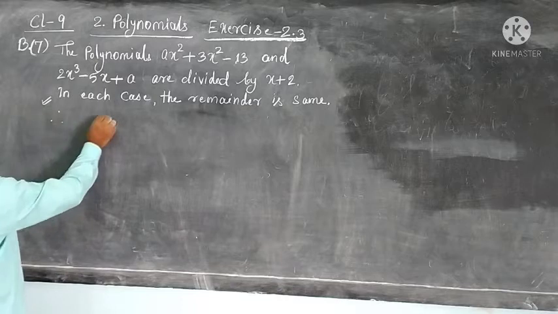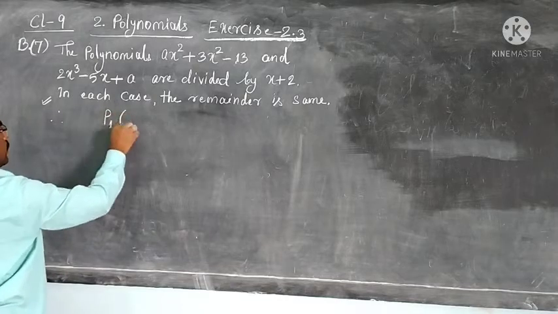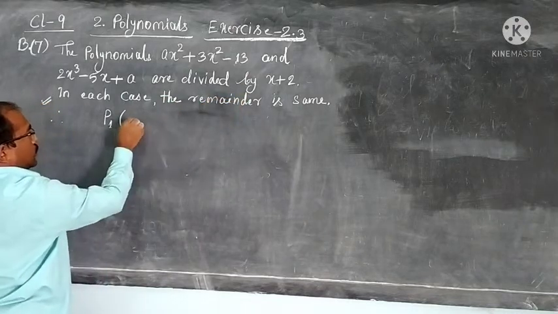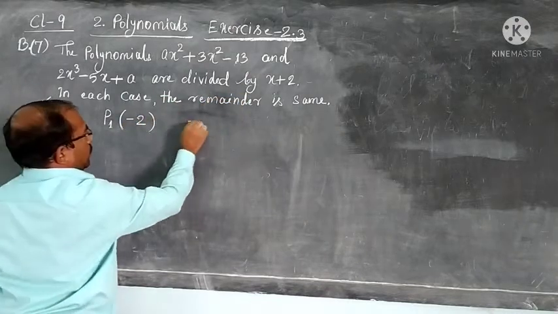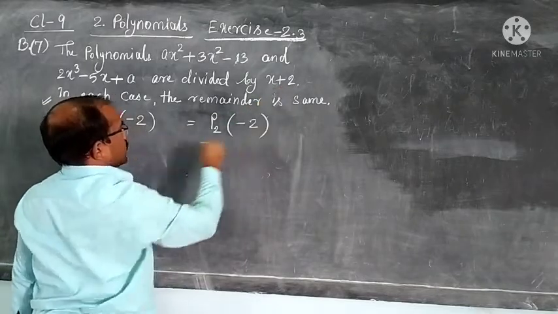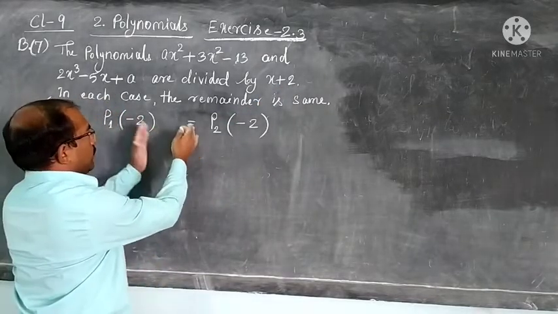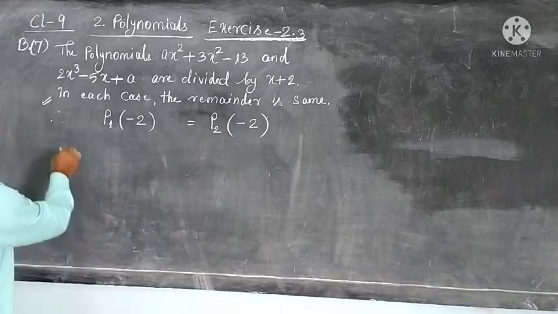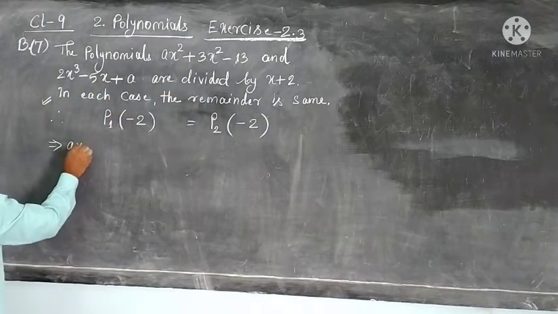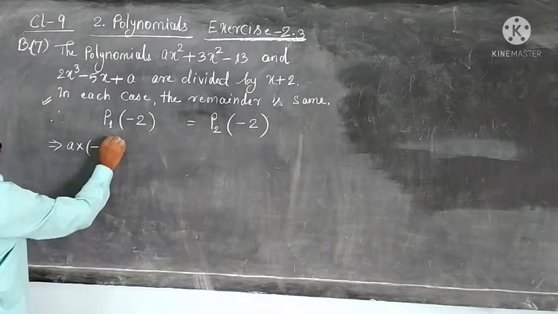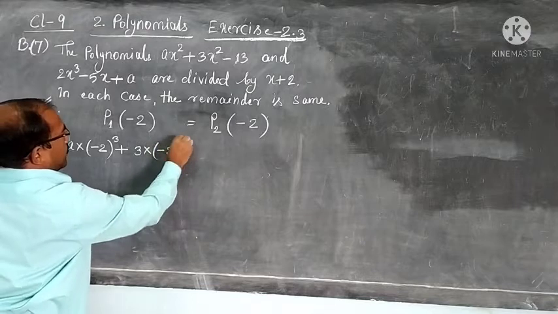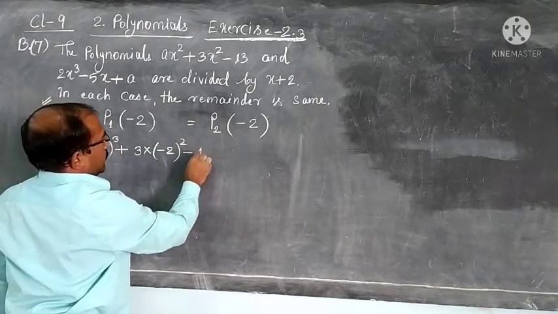Therefore, the remainder for the first polynomial, with x plus 2, the zero will be p of minus 2, which will be equal to the second polynomial at minus 2. We are making them equal because the remainder is the same. So, let us start. The first polynomial: a into minus 2 cube plus 3 into minus 2 square minus 13.